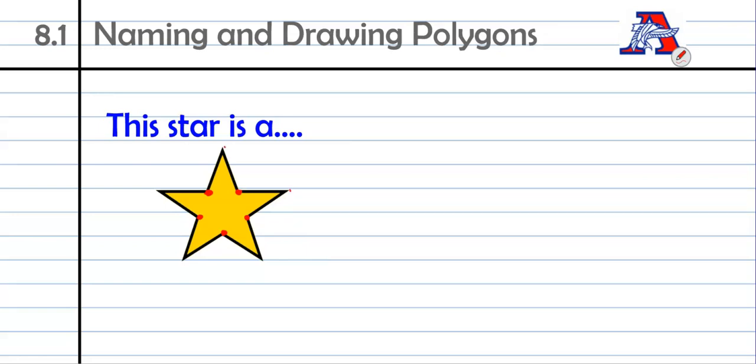These ones are on the outside, but we do have at least one vertex that's on the inside. So it's concave. And then we need to count the number of sides. 1, 2, 3, 4, 5, 6, 7, 8, 9, 10 different sides. Now, I don't know that they're all congruent. I'm just using those tick marks to count the sides. So it has 10 sides, so it is a decagon. So the proper name for that particular star is a concave decagon.